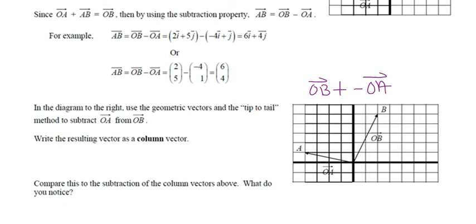If we want to do OB minus OA, which is subtracting OA from OB, that is OB plus negative OA. If I'm going to do that geometrically, how are we going to do that?